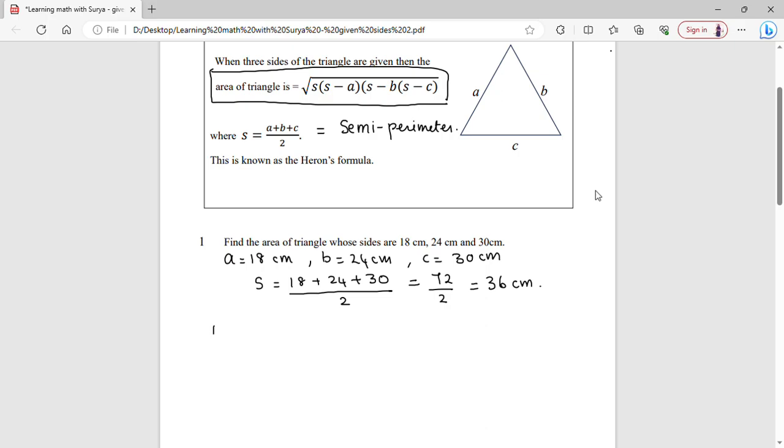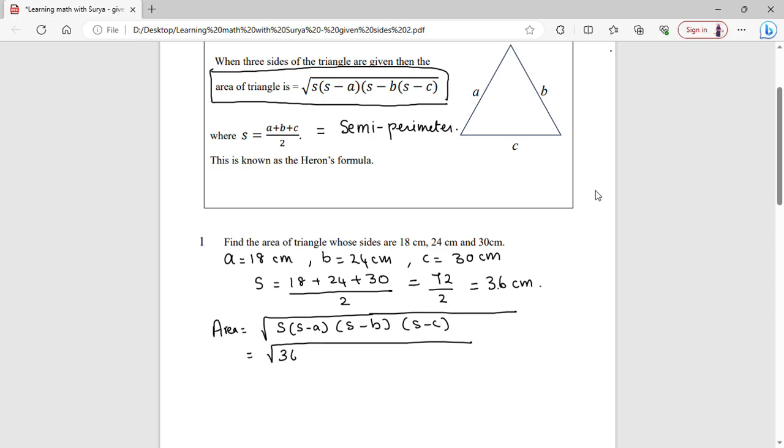So the area is given by, let's write down the formula, root of, need to write a big root sign, s minus a, s minus b, s minus c. Now, we need to plug in or substitute the correct values. So what is S? S is 36, so I just substitute 36.